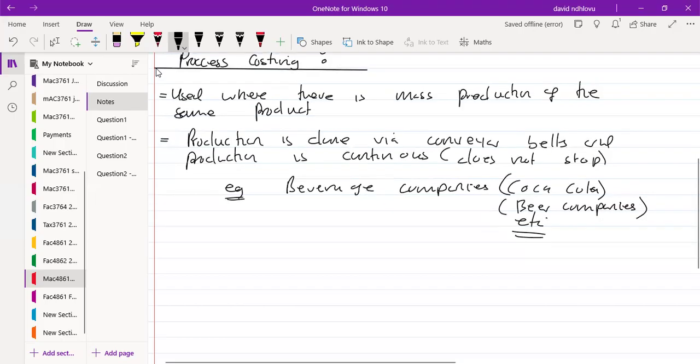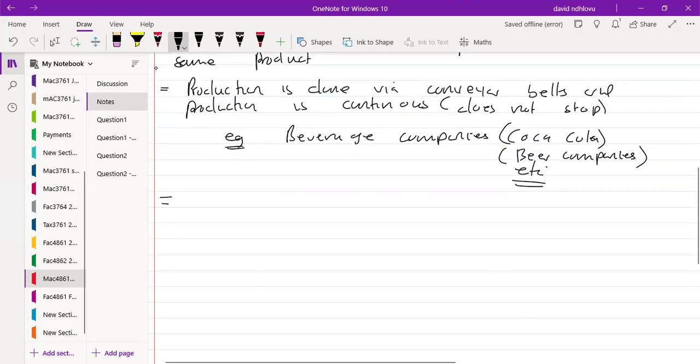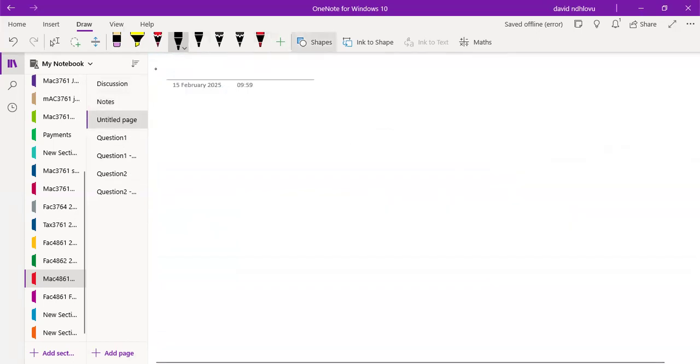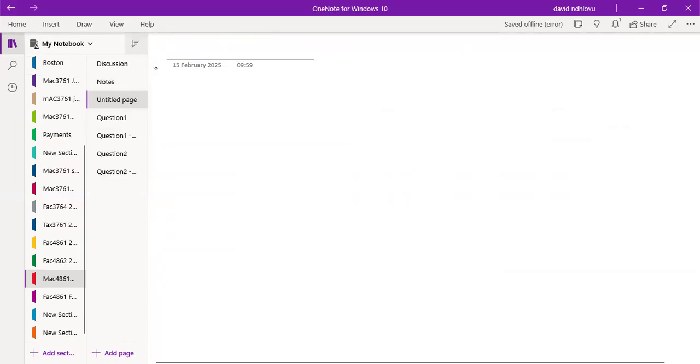Process costing is used to determine cost per unit. So how do you calculate cost per unit, in general?